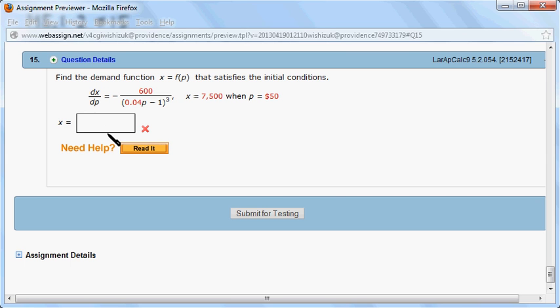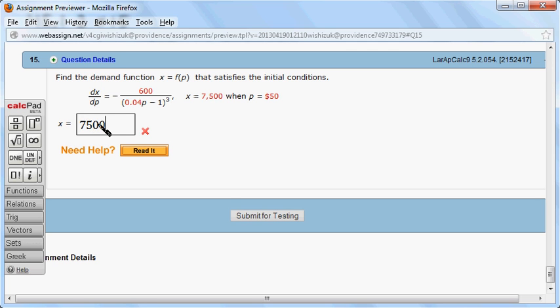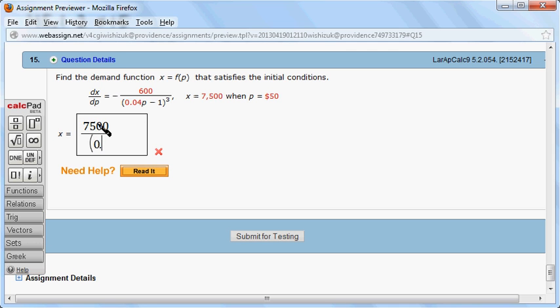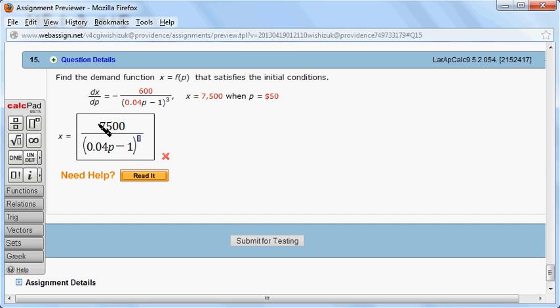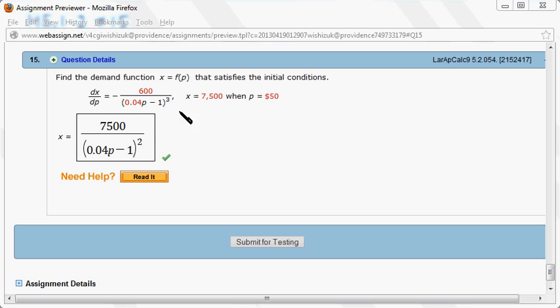What we found was 7,500 over the quantity 0.04p minus 1, squared. Let's check the answer. It came back and looks like we got this one correctly. All right, that's it. I hope that this was clear.